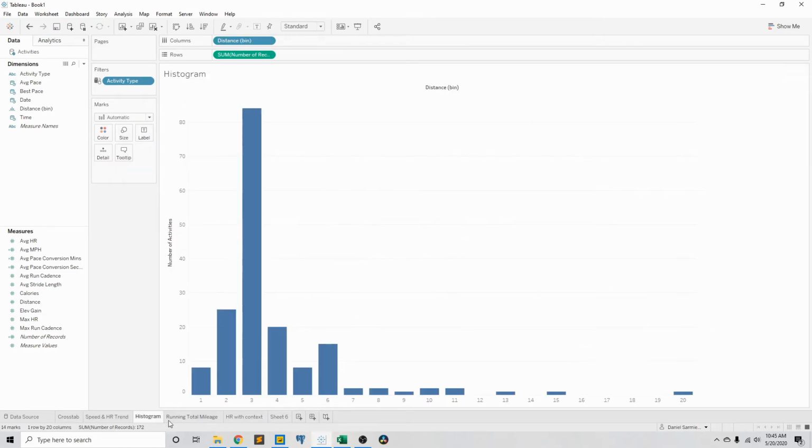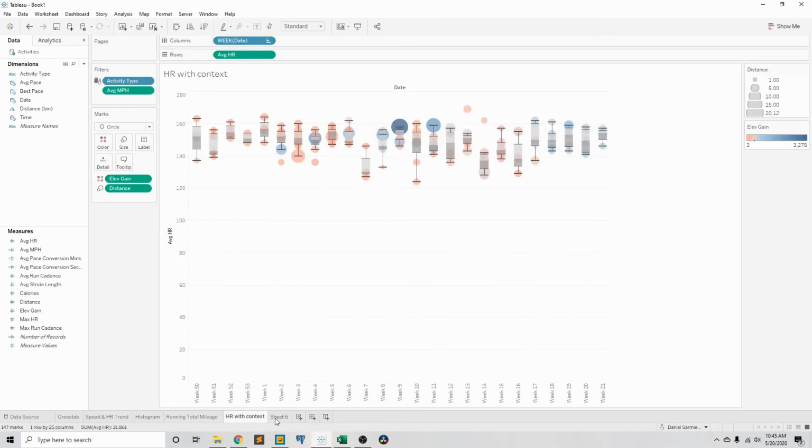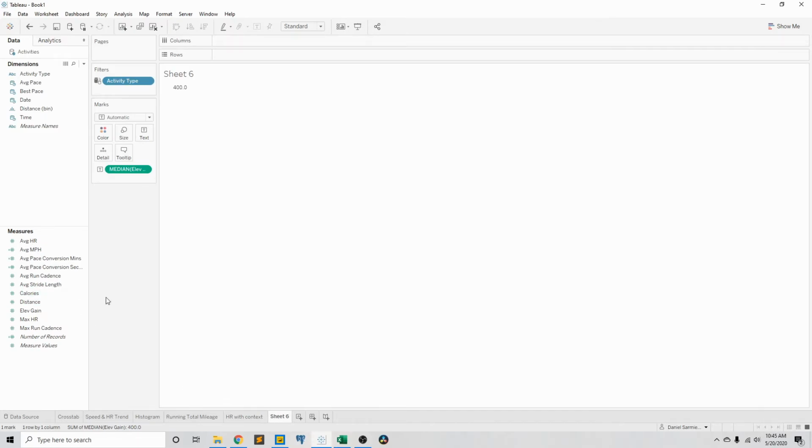So we have a few views, and what else can we do over here? This average stride length is something we could take a closer look at, because this stride length is something that I want to increase along with my running cadence.